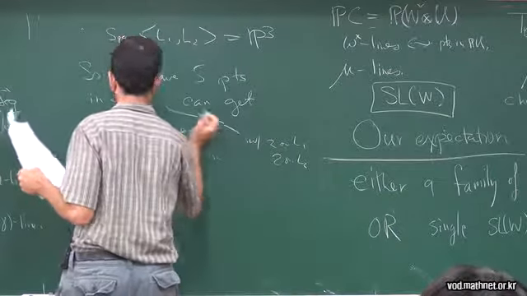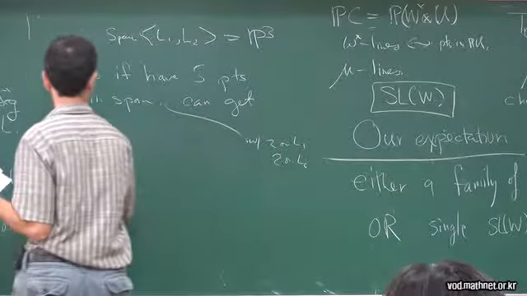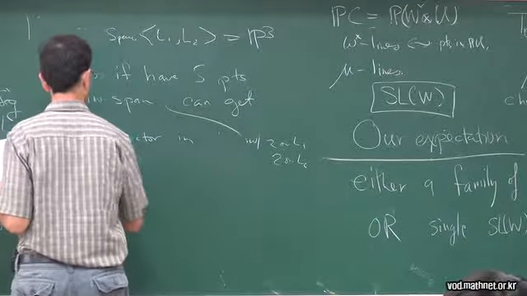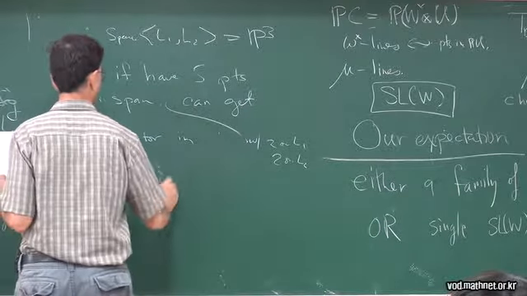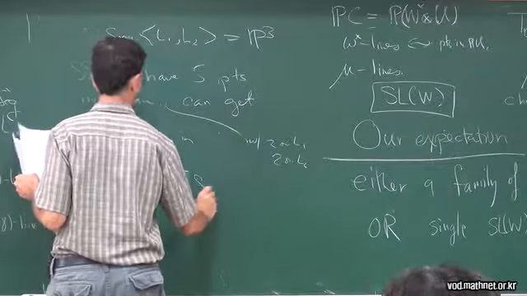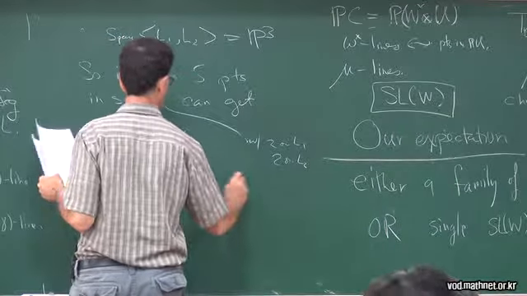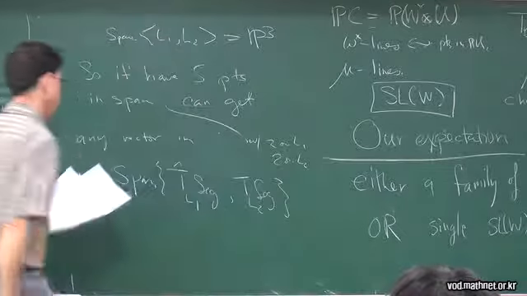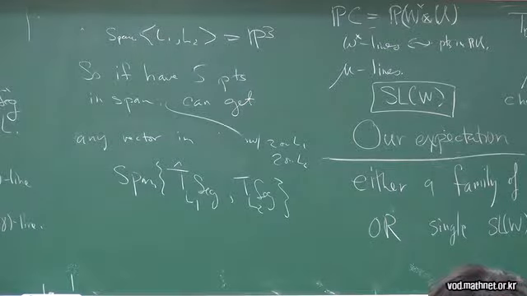Well, I can get, let me say it this way, any vector in the span of TL1 of the Segre and TL2 of the Segre. This TL Segre is the same as the union of the whole tangent space.